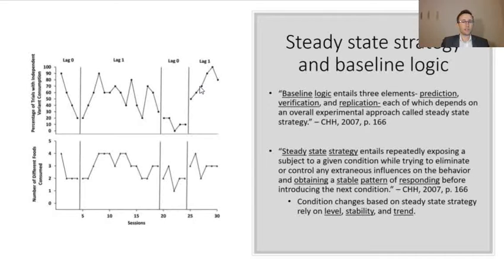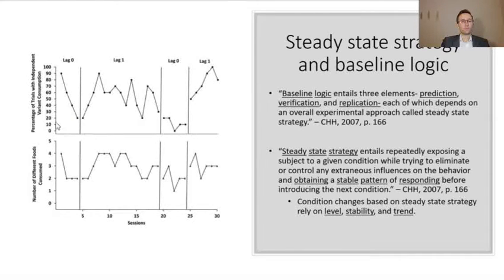All right, and so when we reintroduced the lag 1 schedule of reinforcement, where variant consumption was required to produce the preferred item or activity, we saw an immediate increase in variant consumption that gradually increased across the phase. Now, this data path replicated the increase in variant consumption observed in the first lag 1 condition. Okay, there's replication. It also verified the prediction that the initial sessions would fall somewhere between 20 and 80%. Right?